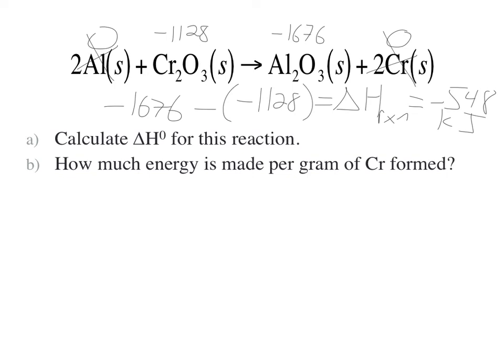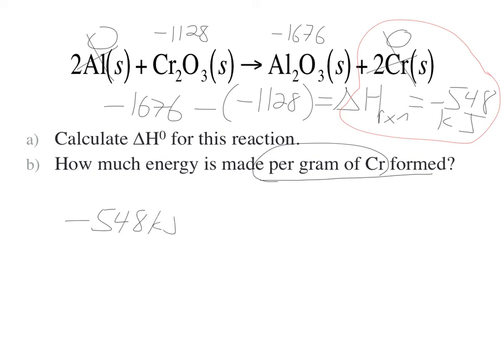Okay, now we can use this as a conversion. We've seen it before, but now you're calculating it and then using it as a conversion. How much energy is made per gram of chromium? So now we want to isolate the chromium, and we say this much energy goes with 2 chromiums. So when we set this up, I have negative 548 kilojoules of energy released for every 2 moles of chromium, because the coefficients go with that.